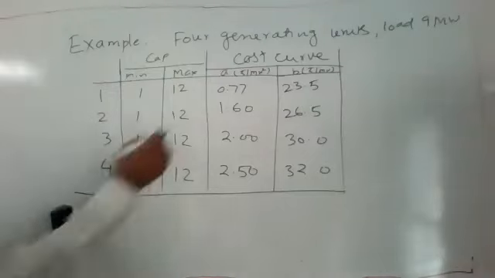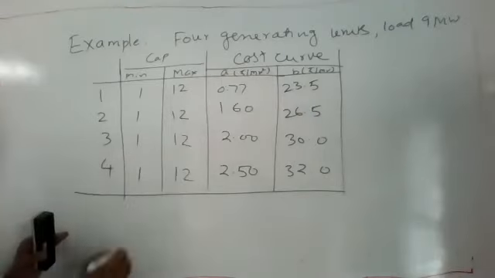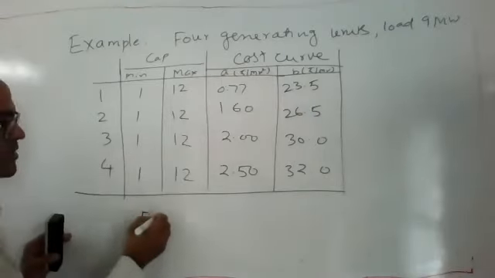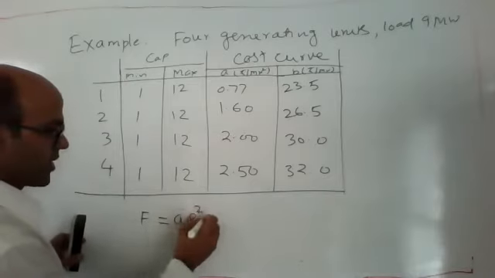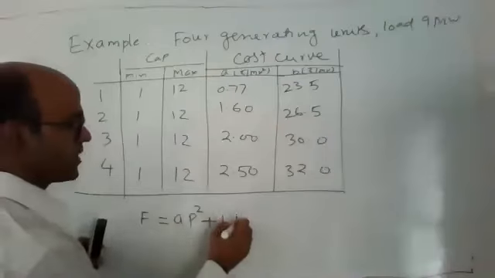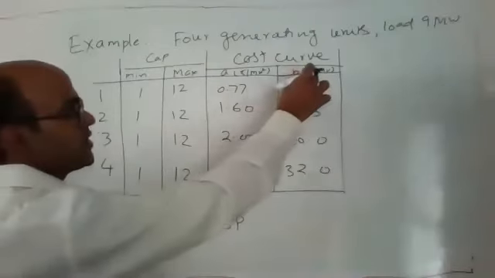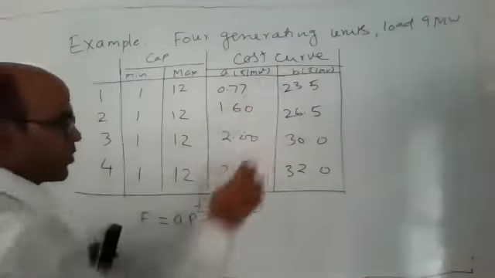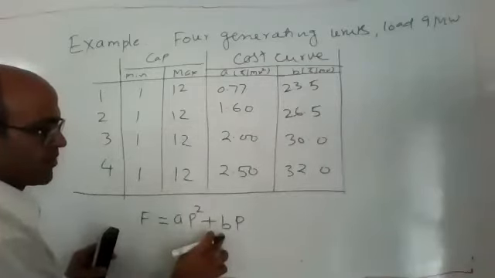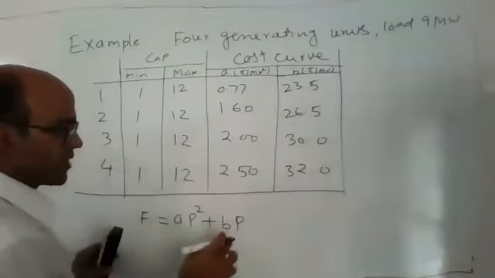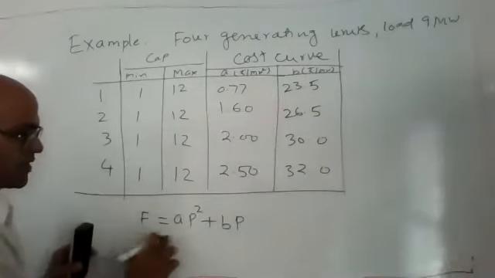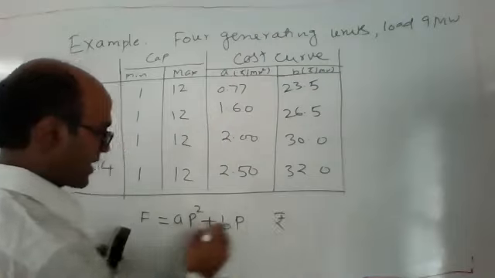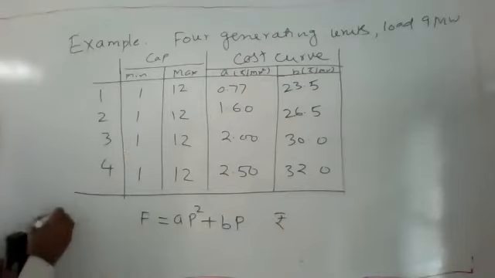We can identify it simply by the units. Each constant is in rupees per megawatt powers, so multiplying by megawatt and megawatt square, we get rupees. So we are getting cost directly.